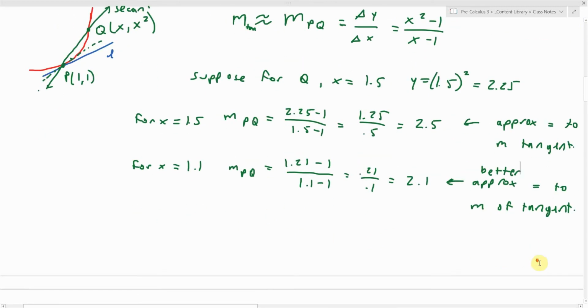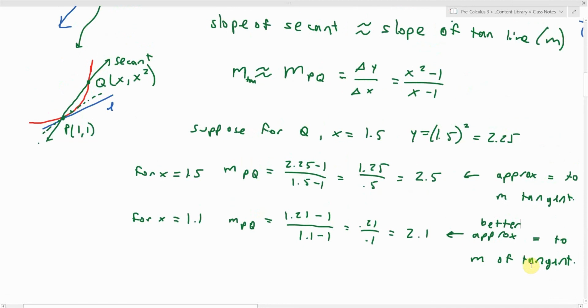And so what we recognize here is, what I really would like to do is just keep moving this x value closer and closer, because the idea is, if I draw a really exaggerated curve, if this is my tangent, the secant line, as Q moves in closer and closer, is going to get closer and closer to the tangent line.